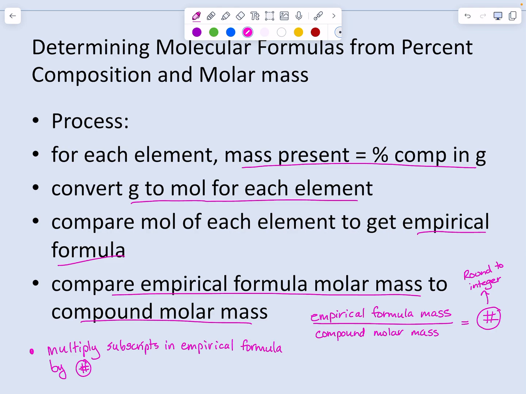But you're going to round to the nearest integer, and you're going to multiply those to get the molecular formula. Okay, so empirical formula is just the relative proportion of elements to one another in the compound. The molecular formula is actually how many moles of each, or how many atoms of each element there are. Okay.